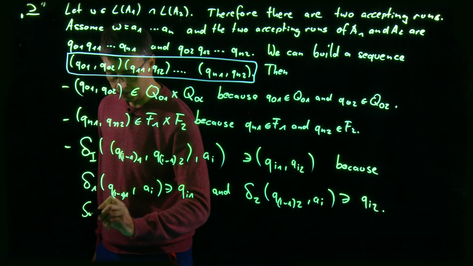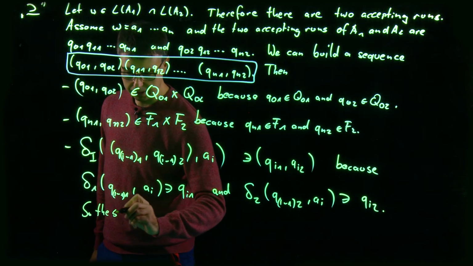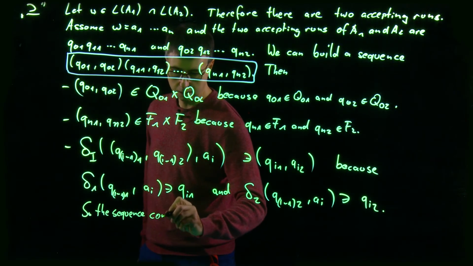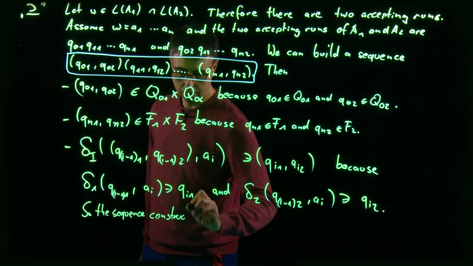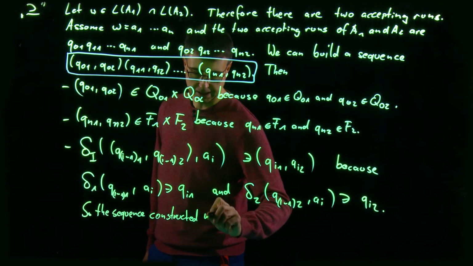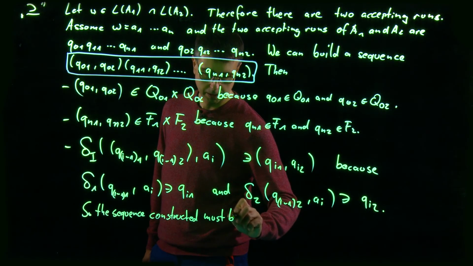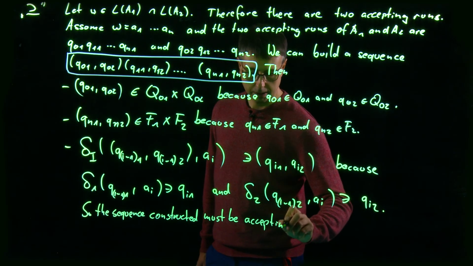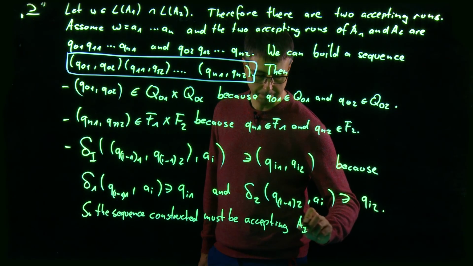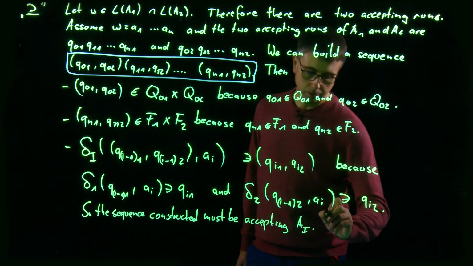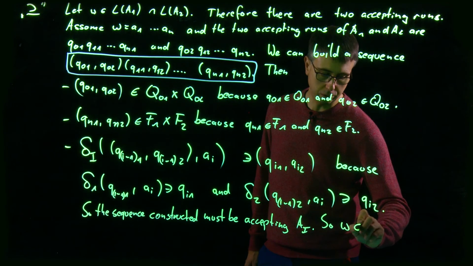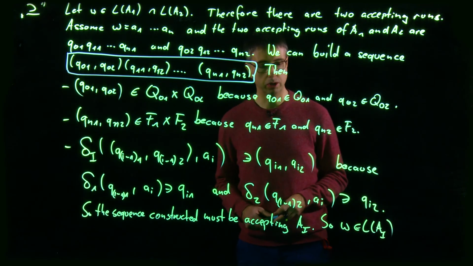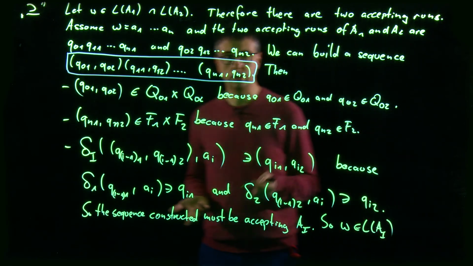So the sequence constructed must be accepting in the product automaton A. So the word is in the language of this automaton A. And that actually concludes the proof.